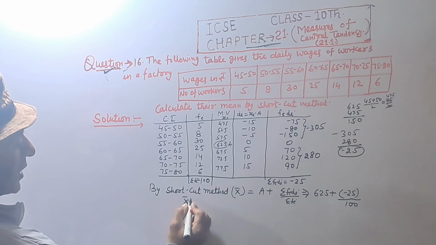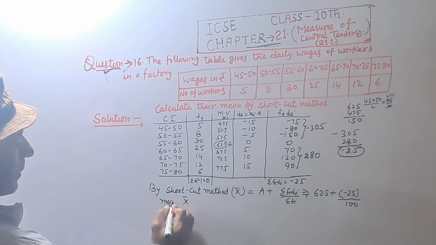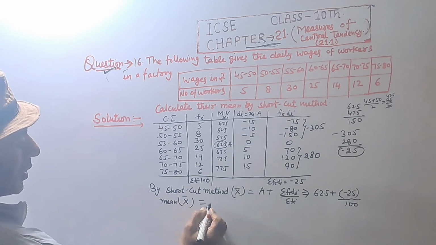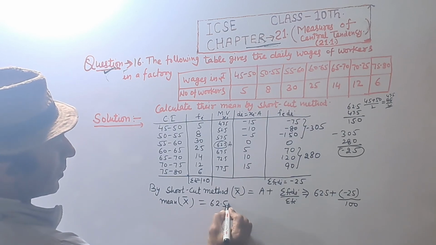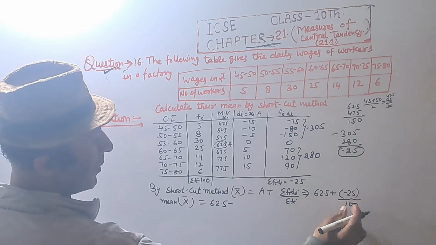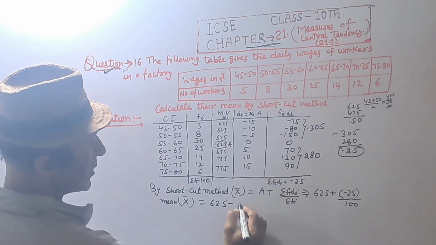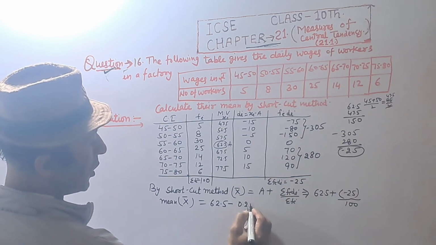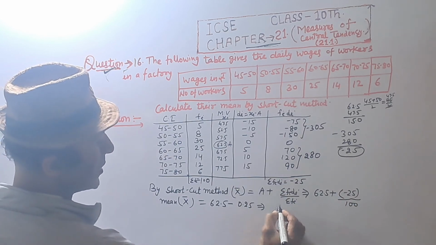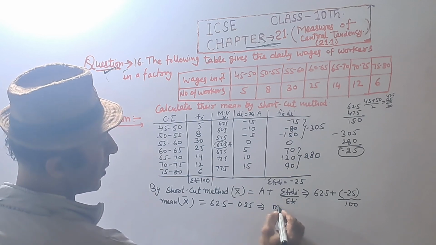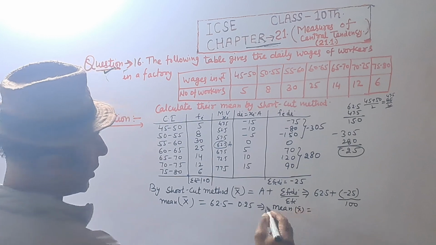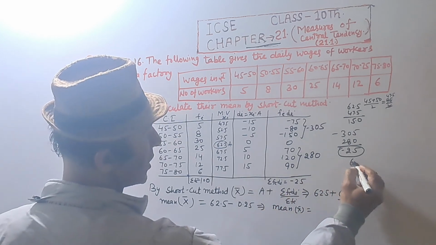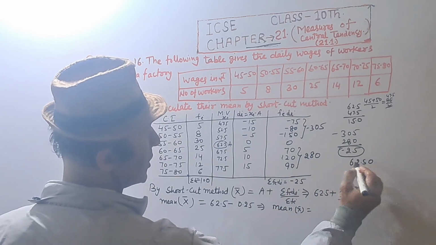So mean x dash equals 62.5 minus 25 divided by 100, that is minus 0.25, which implies mean equal to 62.50 minus 0.25.